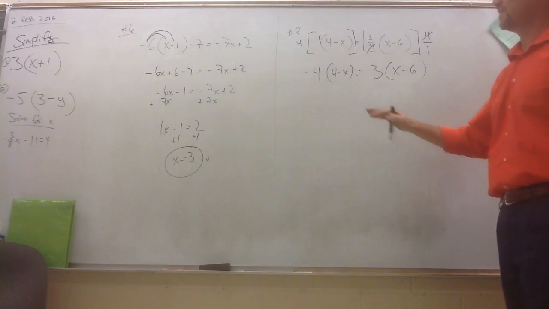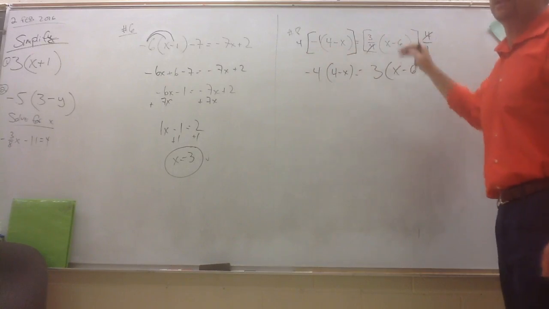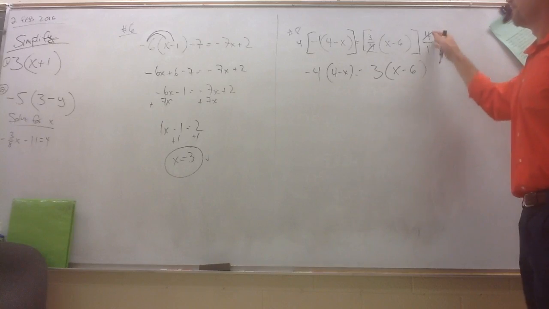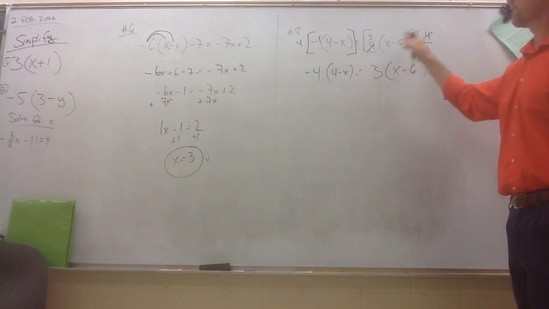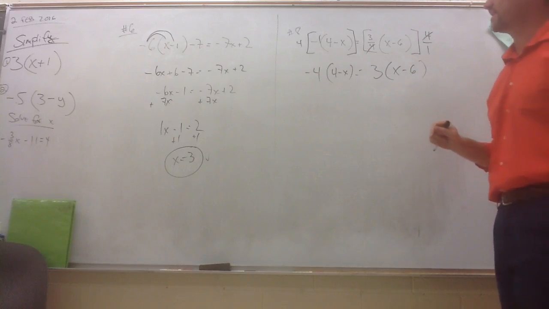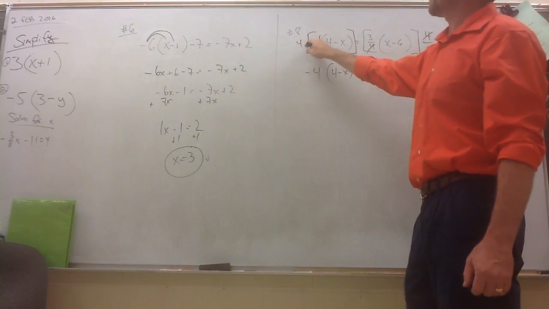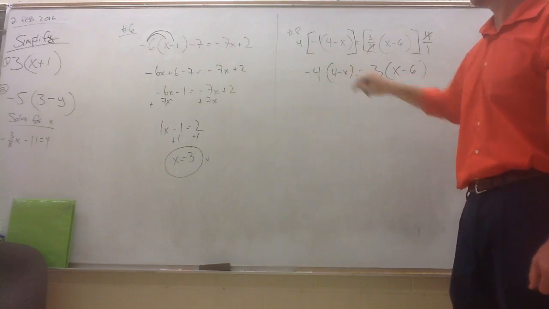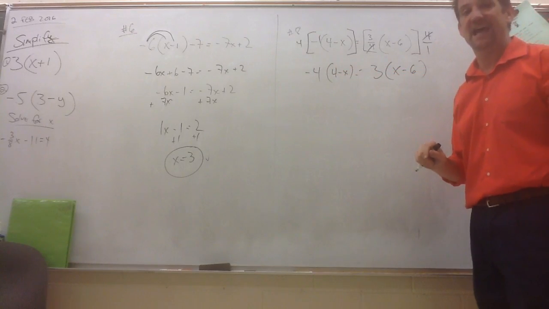All right, take a look at what we just did there. That was multiplying both sides of the equation by 4 to clear this fraction. 4 times 3/4, the 4's cancel each other out. You're left with 3 times the quantity x minus 6. And 4 times the negative, or negative 1, gave you negative 4 times the quantity 4 minus x.